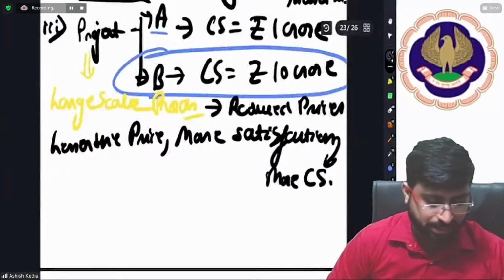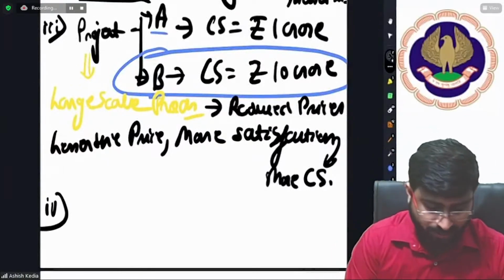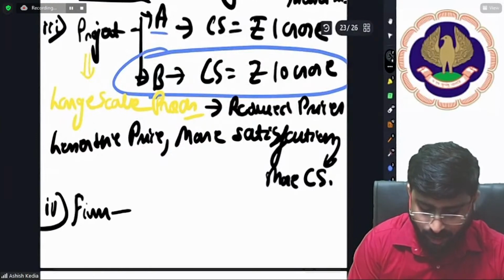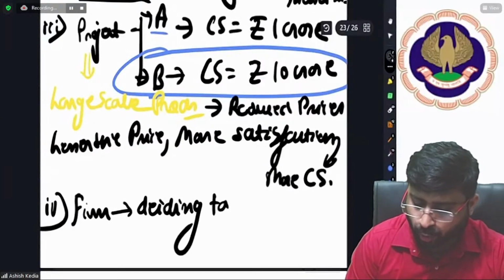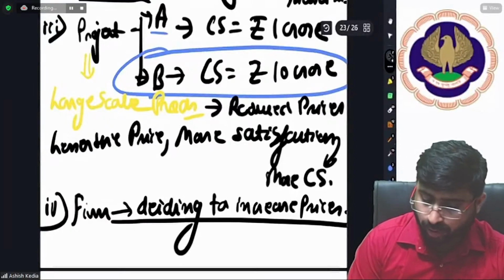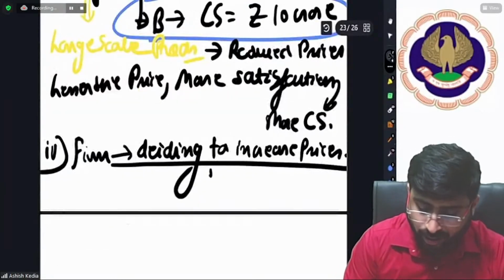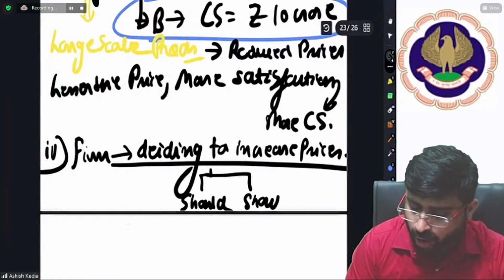Number 4. Let's say there is a firm that is deciding to increase prices of its commodities. So it helps them to take a decision whether they should increase the price of their commodities or not.